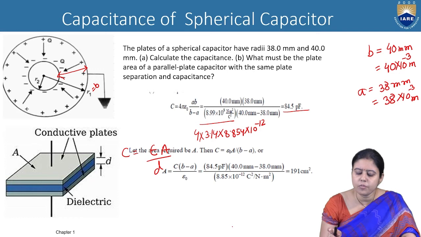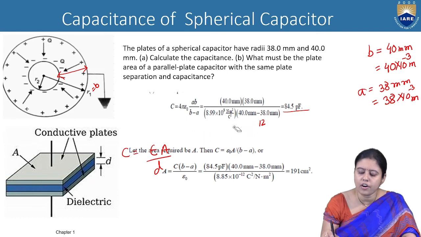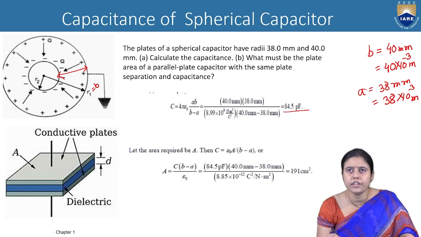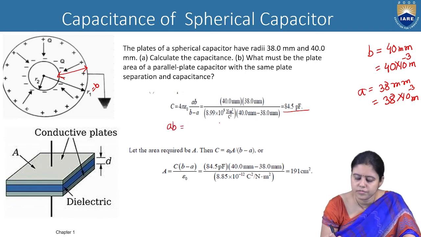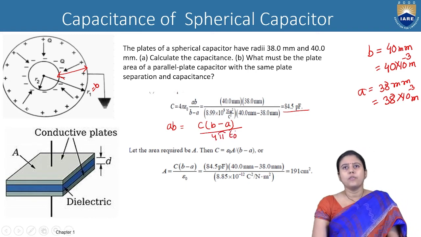So already we have got the equation of the capacitor. From here we can write AB is equal to C into B minus A divided by 4 pi epsilon 0. And what is the meaning of A into B?